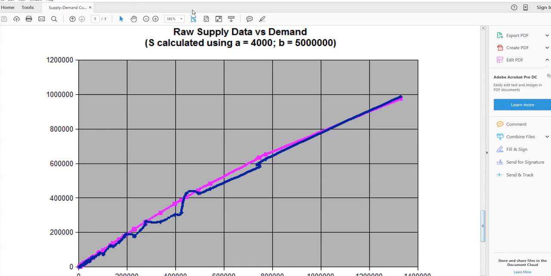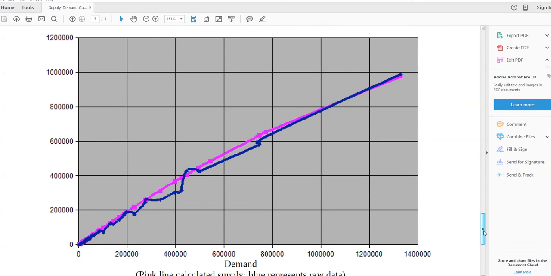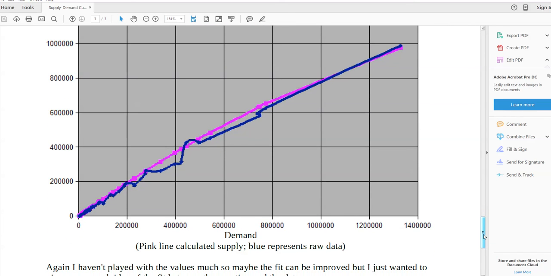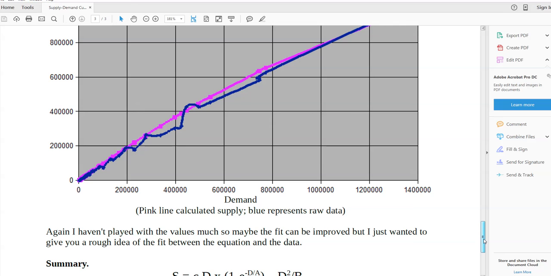Again, this is using slightly different values of, oh, this should be capital A and capital B, sorry, misprint there, those two should be the capitals. I didn't play around with them much, so again it could probably be improved, but as the data's scattering around quite a bit anyway, I don't think it's worth wasting too much time on it.